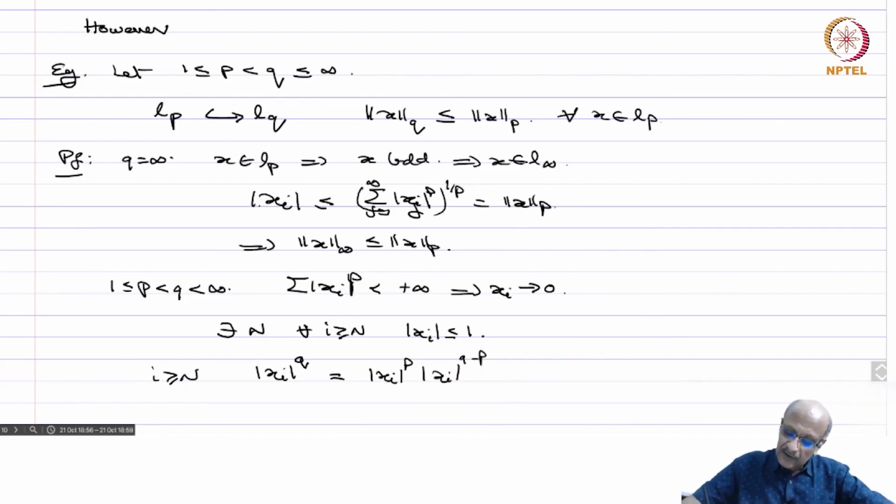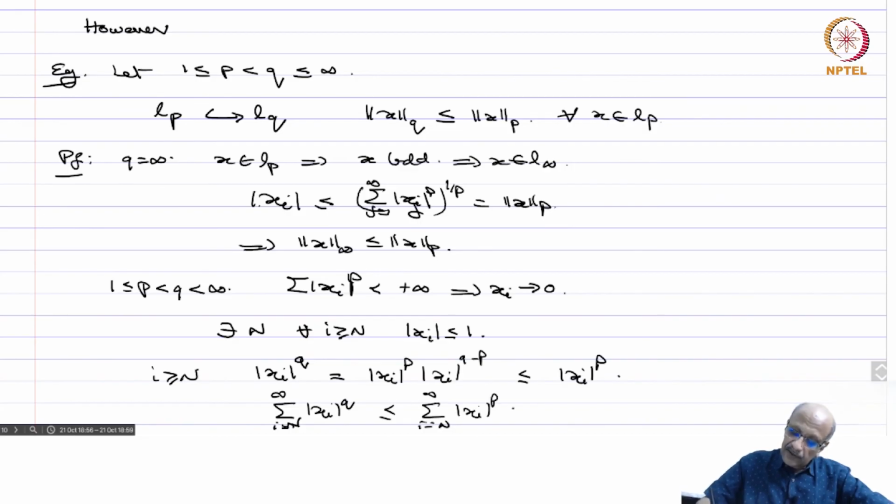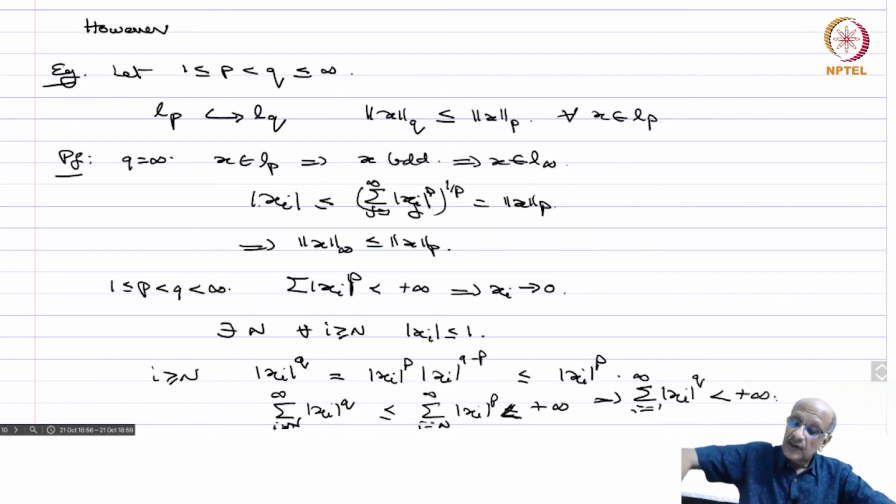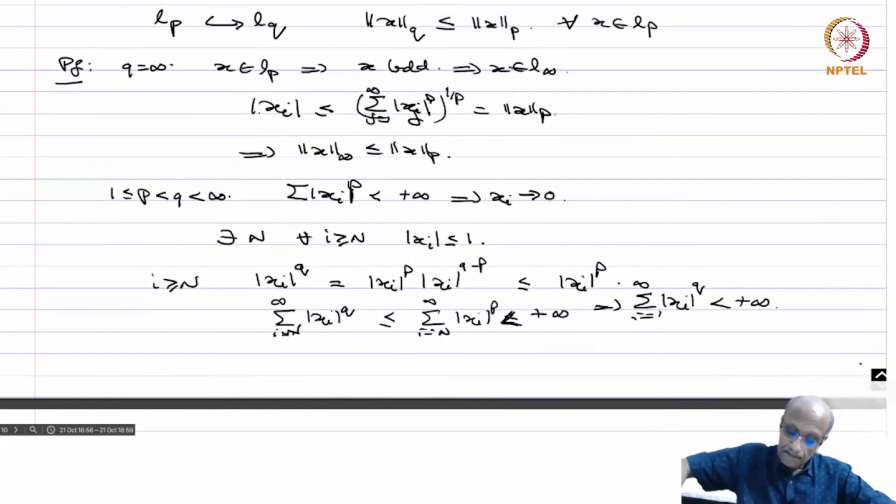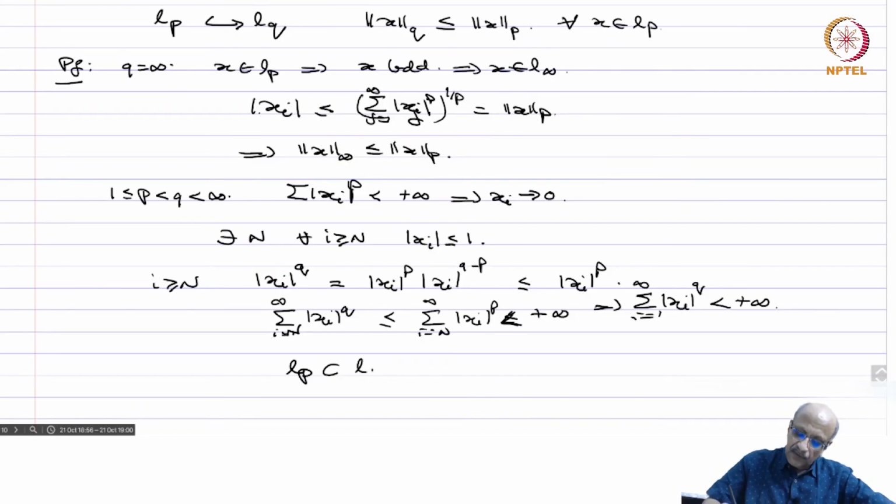And since mod xi is less than or equal to 1, this is less than mod xi power p. So sigma i equals n to infinity mod xi power q is less than or equal to sigma i equals n to infinity mod xi power p, that is less than the full series, so strictly less than plus infinity. And therefore sigma i equals 1 to infinity mod xi power q, after all you are only adding a finite number of terms, is less than plus infinity, and therefore lp is a subset of lq.